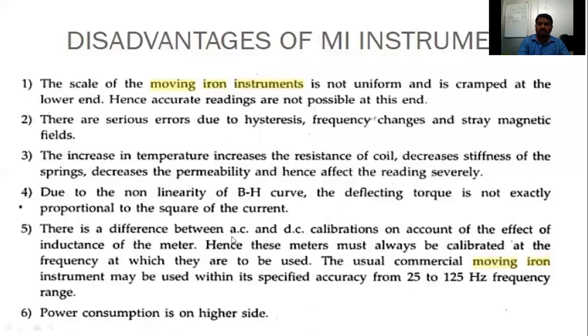So it is applicable for AC as well as DC, but you have to do both calibrations because they are different. Also, more power consumption is required. That is also one disadvantage.